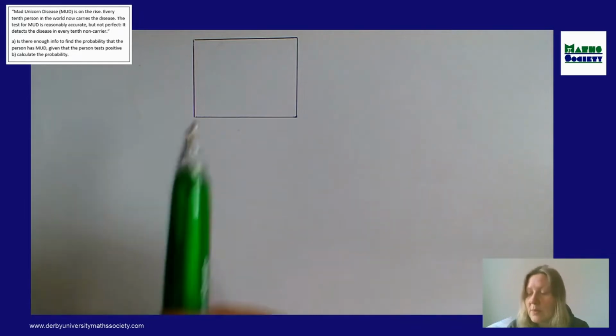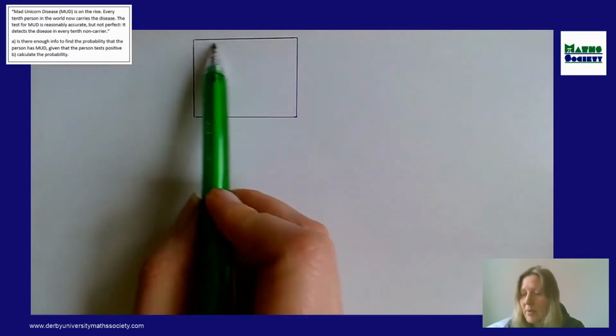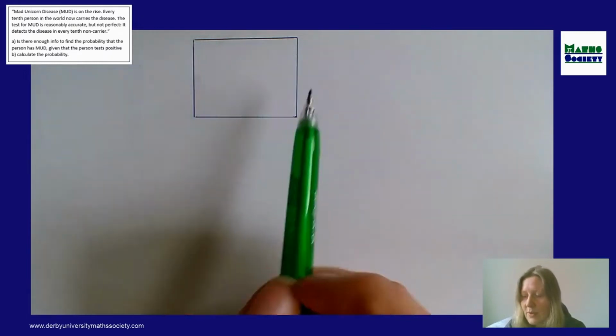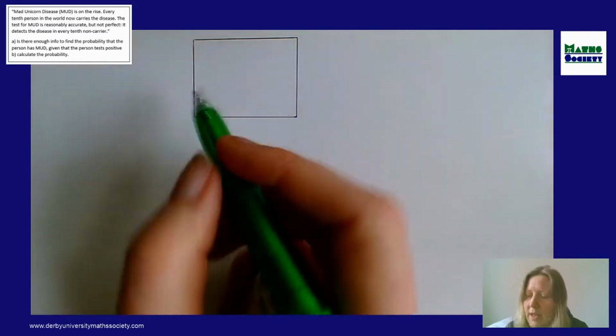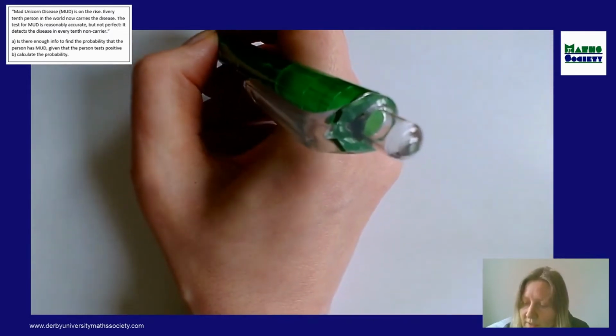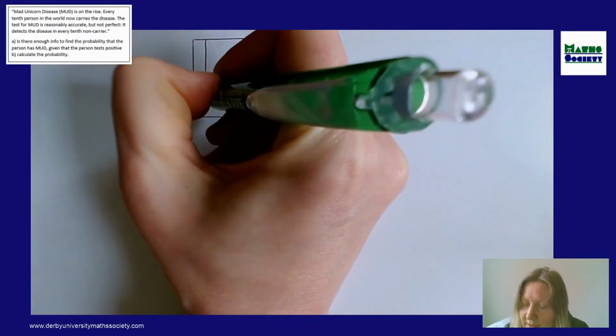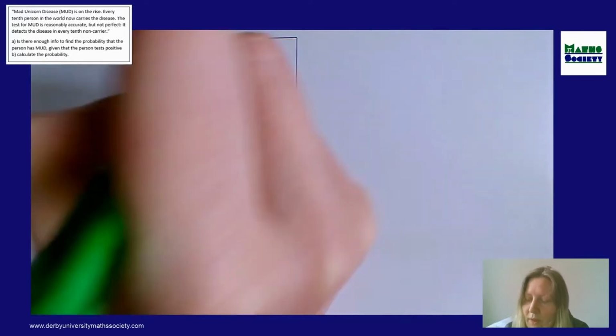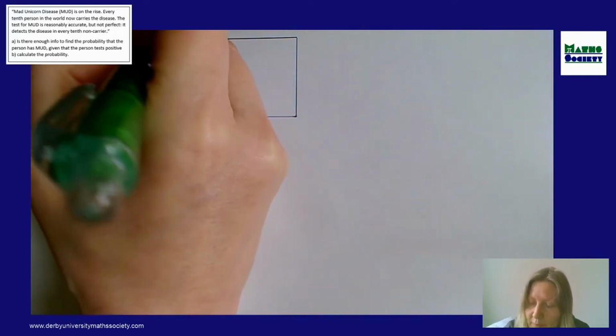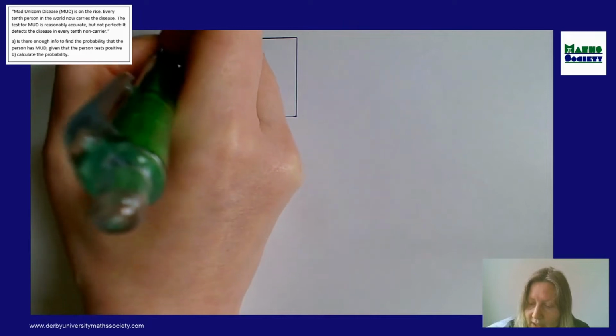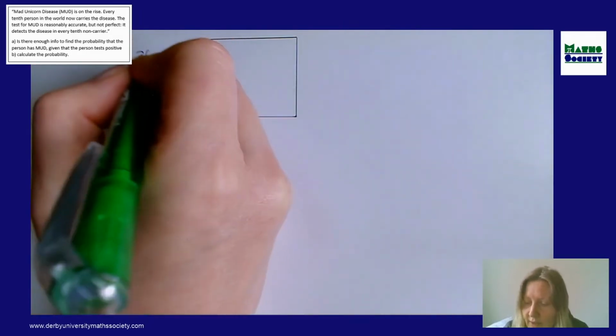So first we need to see what's going on. My box here represents all the people in the world, and the question indicates that 10% of the population actually has the disease, so that's 0.1.